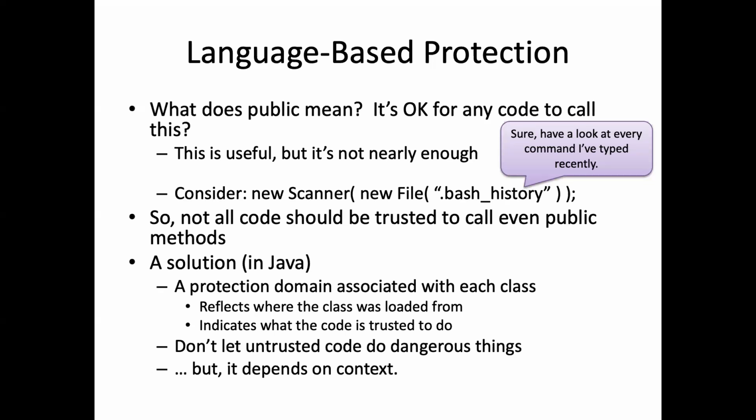Making a scanner, opening a file and giving it to a scanner, those are all public methods. Java isn't designed to reject potentially untrusted code if it tries to access files on a system that maybe I wouldn't want it to access.